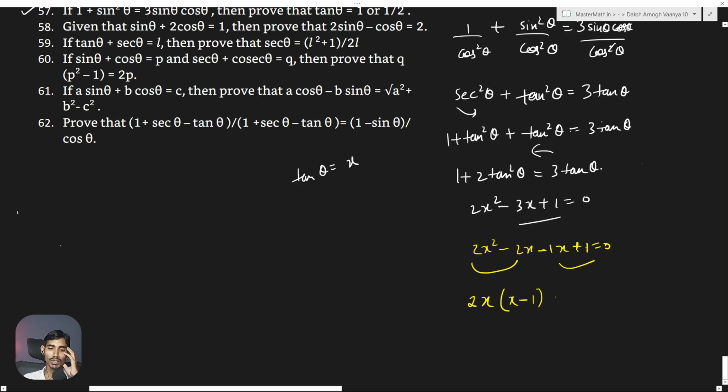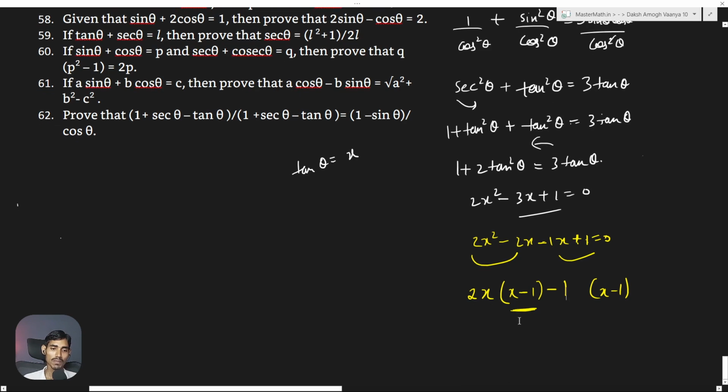It would be minus 1. Even without blinking your eye, you can just take this common out, if you are confident you have taken it right. Write x minus 1 here. Now what's left? How do we get x minus 1 here? When you take minus 1 common out. 2x minus 1 and x minus 1.